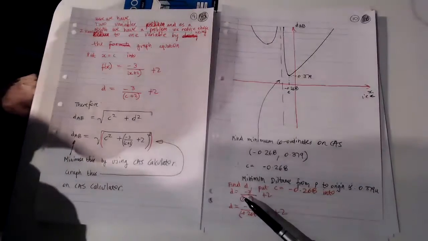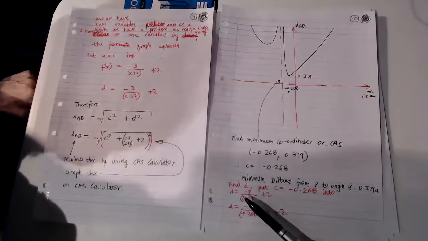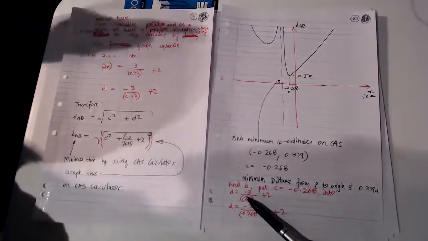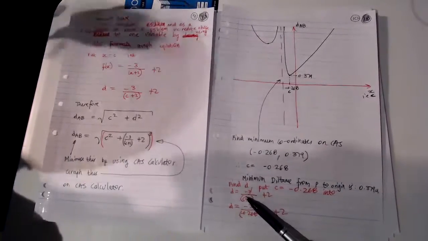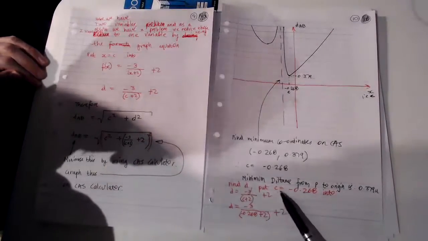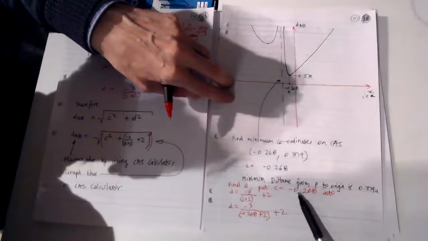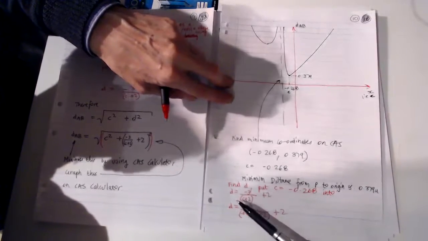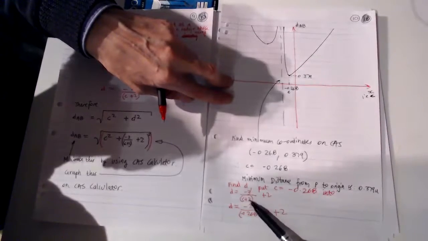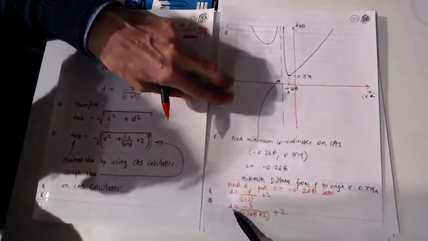Now we know the value of C that occurs when we have the minimum distance between A and B, or as they say in the exam, from point P to the origin. Now we're going to find the corresponding D ordinate. To find D, put C equal to negative 0.268 into the D formula we got before, which was D equals negative 3 on (C plus 2) plus 2.